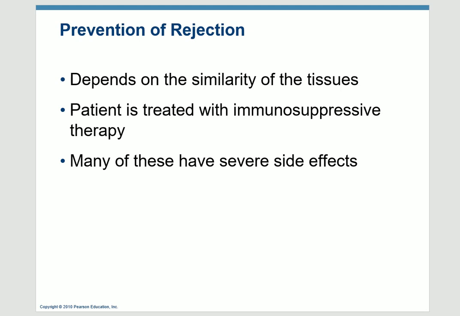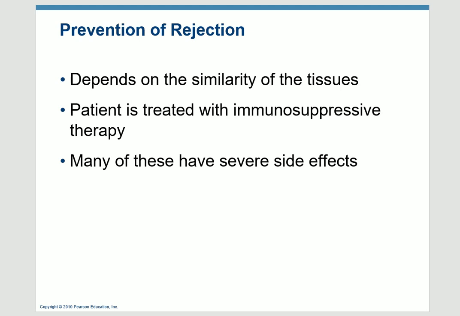So we just talked about your immune system, your immune response, how your immune system builds, what it does when it sees invaders. Well, if you have a new organ coming into you, that's not something that's already existed. Your immune system is going to see it as an invader. And you don't want your system to reject it. So it's good to prevent rejection of the new donor organ.